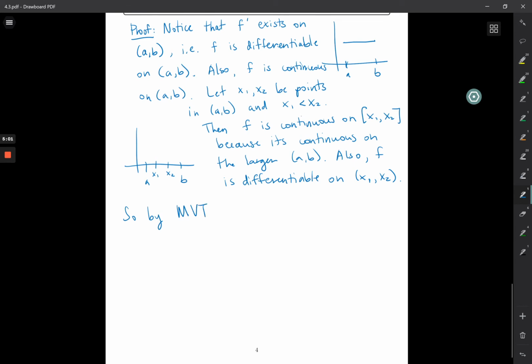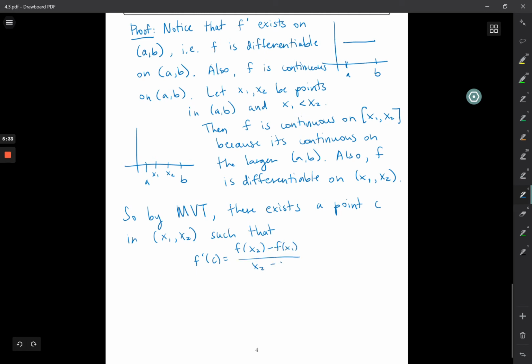So by the mean value theorem, there exists a point c in the interval x1 to x2 such that f prime of c is equal to f of x2 minus f of x1 over x2 minus x1.